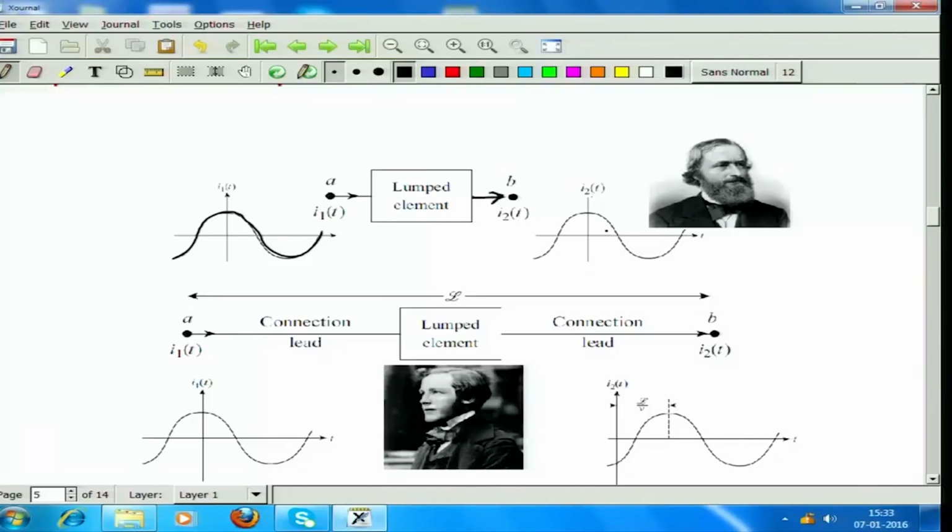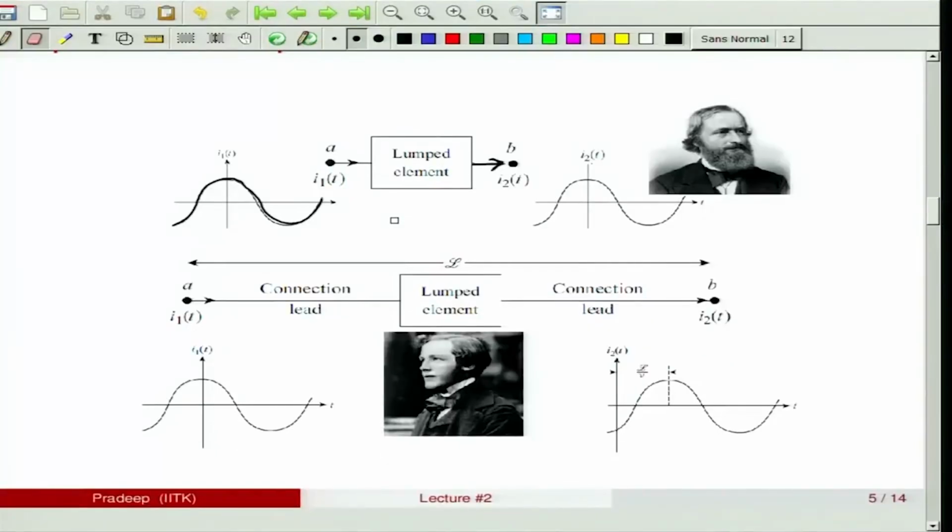Of course you can have a situation where the current would be out of phase. Okay, it might come out like this. However, this out of phase thing is not really important because that is only telling you the phase, right. If, for example, this was not current but voltage, then you could have some amount of phase change, but that does not mean there is a delay introduced by the lumped element. What is really happening is that the current I1 of t must be equal to the current I2 of t.